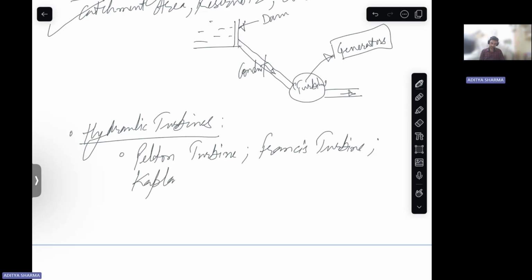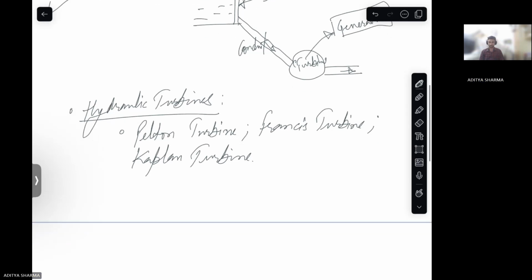The Kaplan turbine. So these types of turbines are there, and how they are different from one another, we shall see.